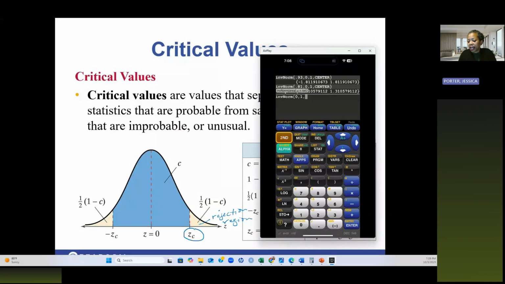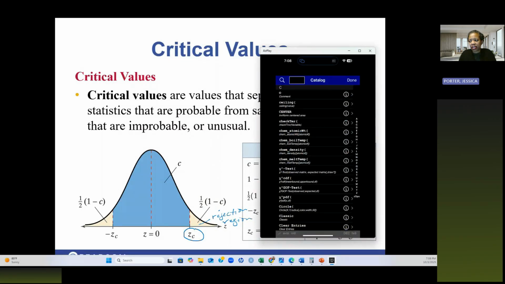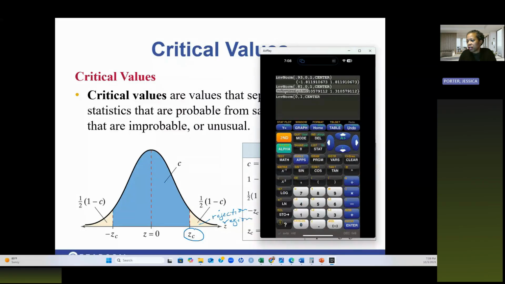So second catalog, this is how I get to center, and C for center, and you see center right there, and then close the parentheses. Oh, wow. Wait a minute, I didn't put something in there.